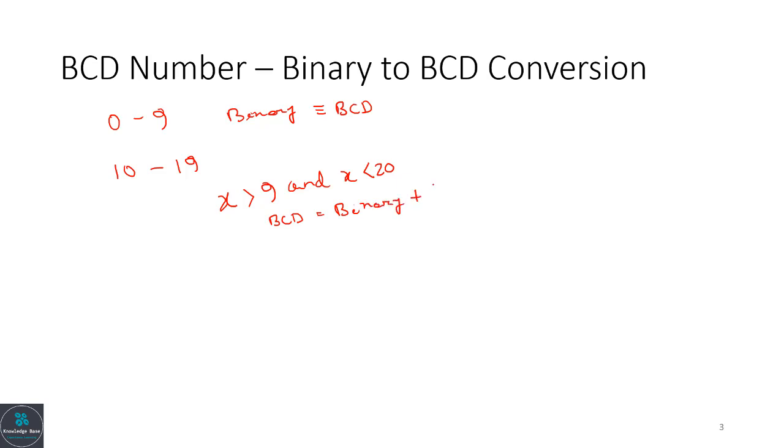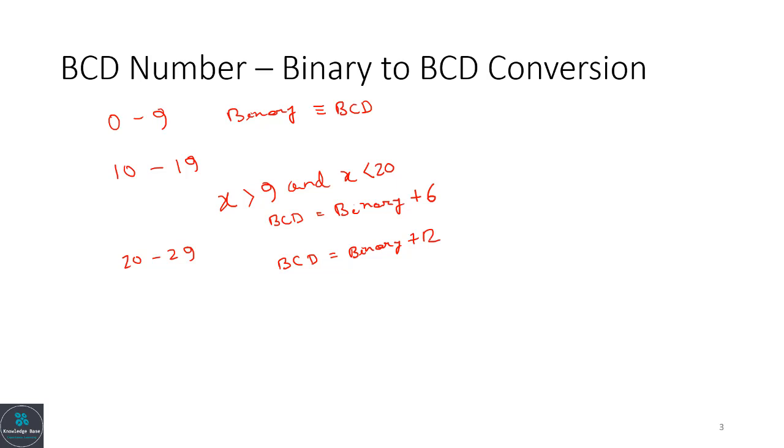Now, for a number between 20 to 29, the conversion will be done using BCD equals binary plus 12. For 30 to 39, binary plus 18 will give me the BCD. Like this, it will continue.